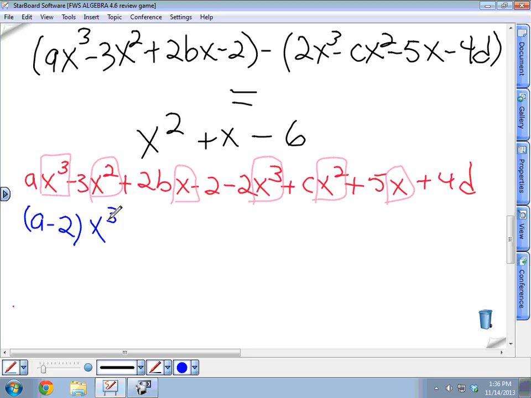All right. Now I have my x squareds next. I have c minus 3 x squared. And then I have, for my x's, 5 plus 2b.